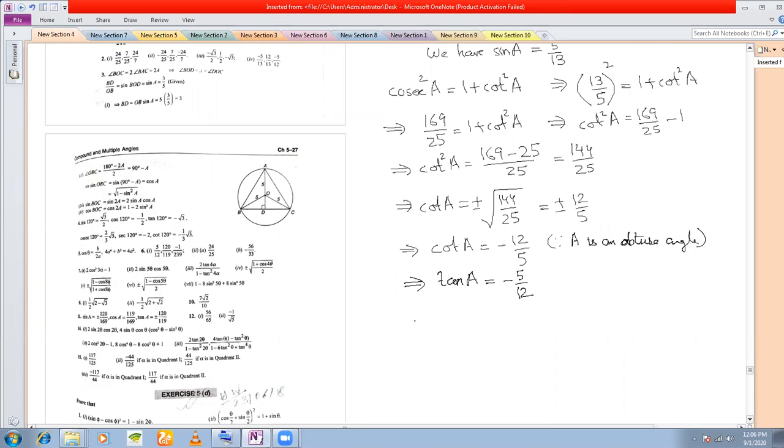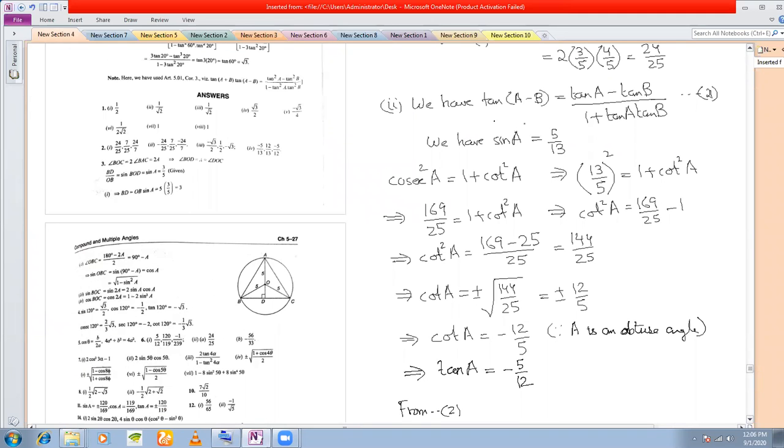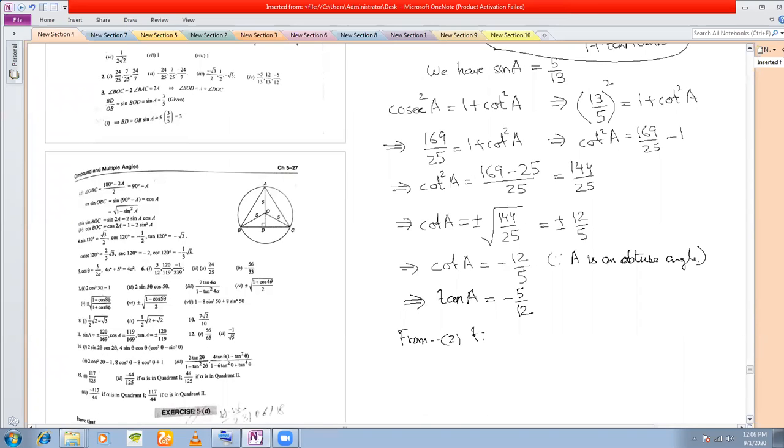So now we can calculate the value of tan(A minus B) from 2. What do we have from 2? Tan(A minus B) is equal to (tan A minus tan B) by (1 plus tan A tan B). So let's write this once again. Tan(A minus B) is equal to (tan A minus tan B) by (1 plus tan A tan B).